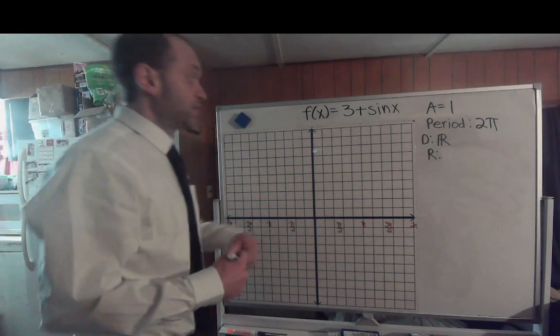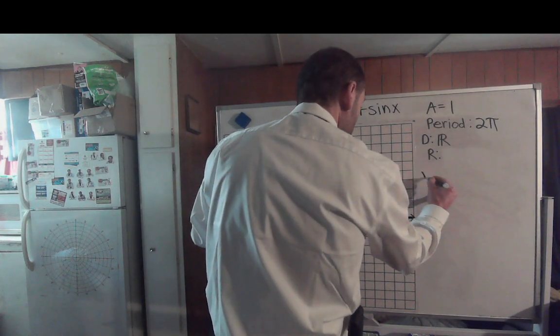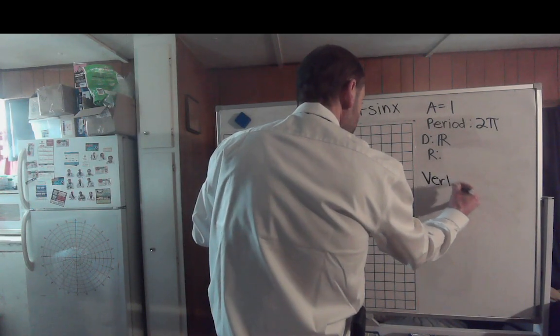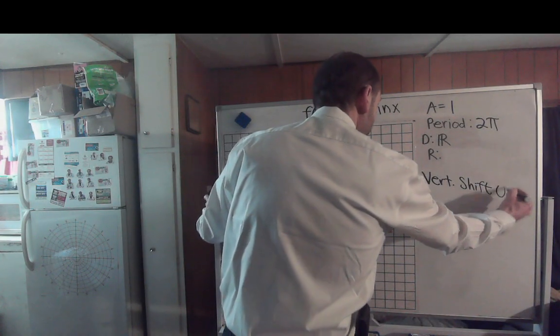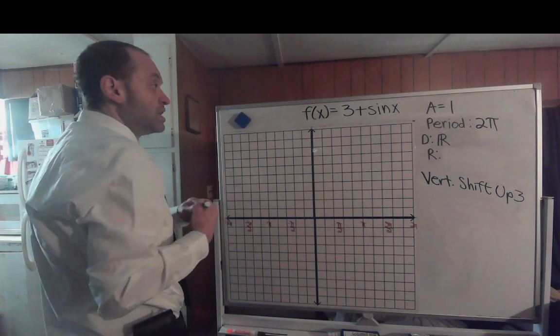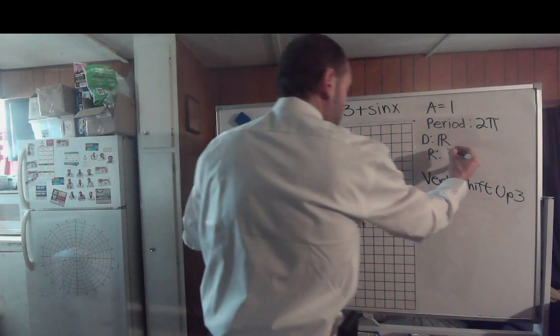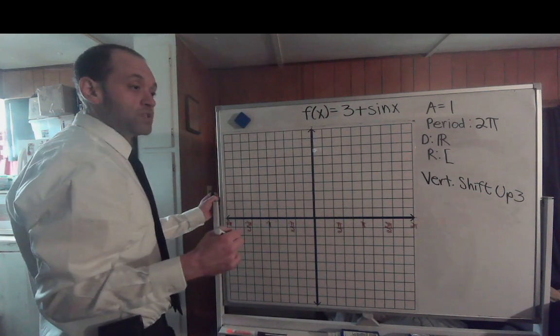So what we have here, you have a vertical shift up 3 units. So this is a vertical shift up 3 from the original sine of x. So what is your normal range of sine of x? Your normal range is from -1 to 1.